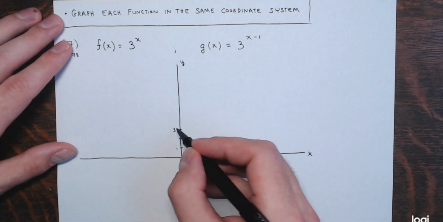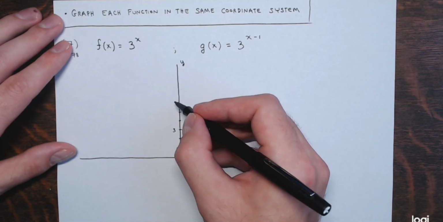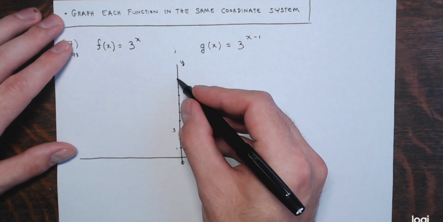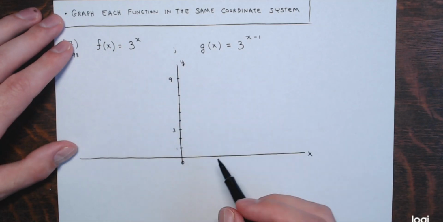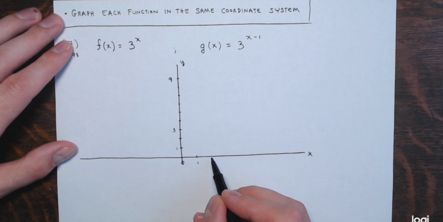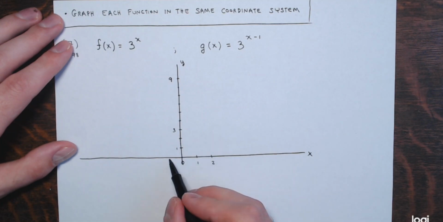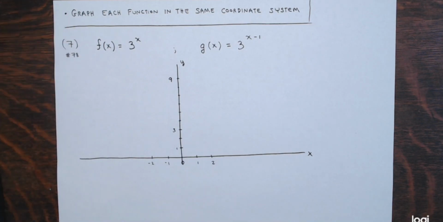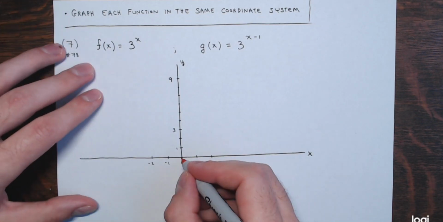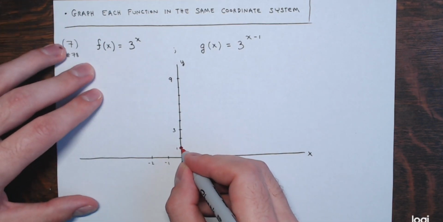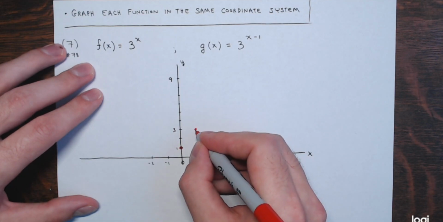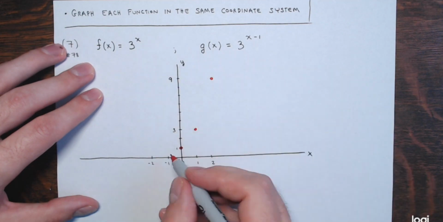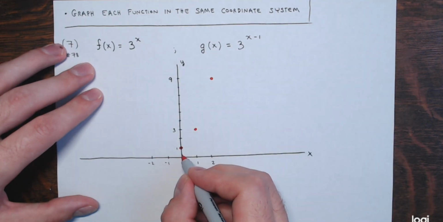Let's put in some values here. There's 3 and there's 9. We plugged in 1 and 2 and -1 and -2. So you had 3 to the 0 is 1. 3 to the 1 is 3. 3 to the 2 is 9. 3 to the -1 was 1/3.